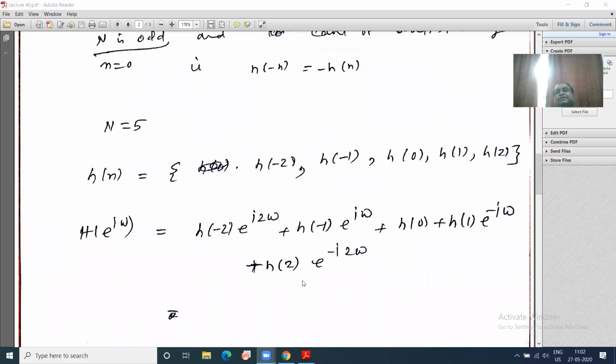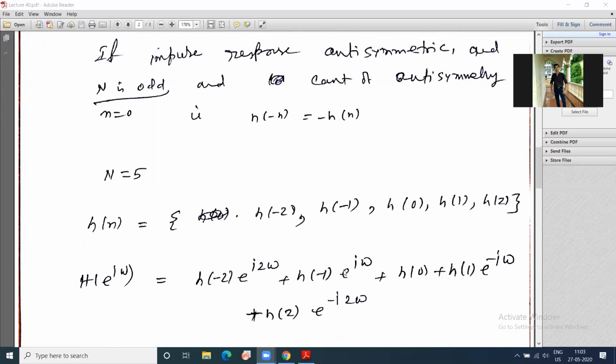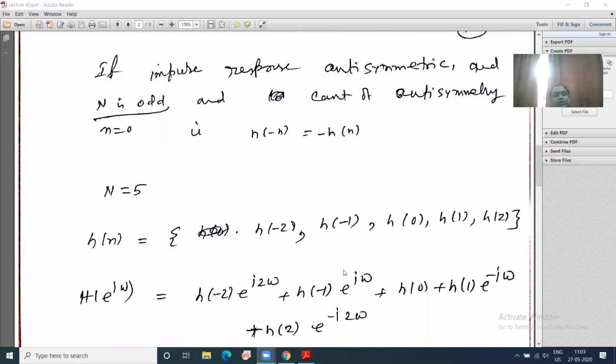Previously, when I was discussing the symmetry or antisymmetry about the point (N-1)/2, we discussed both odd and even. Now, today I have discussed the symmetry or antisymmetry with respect to n equal to origin, and I have discussed only odd.